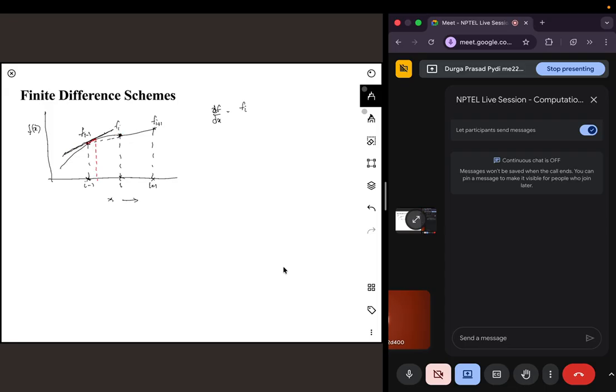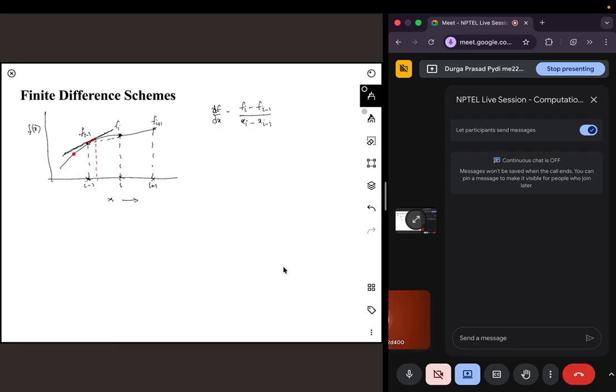So depending on the delta x you take, the difference between the actual slope and the one that we get is going to be reduced and reduced. This is a forward difference scheme.